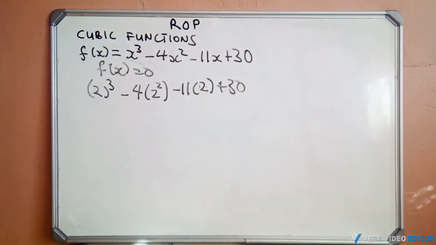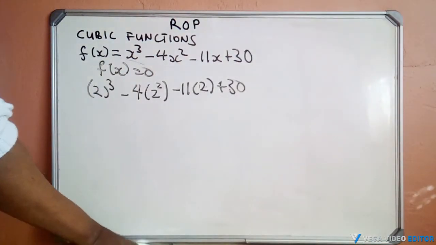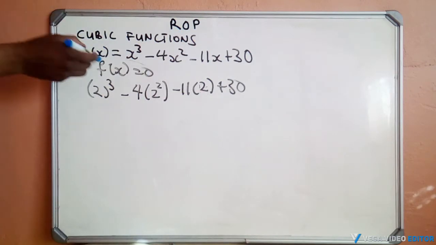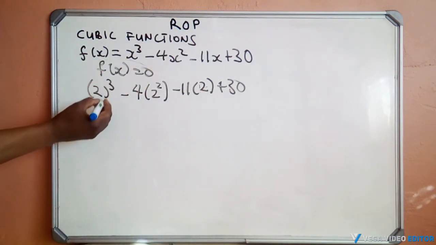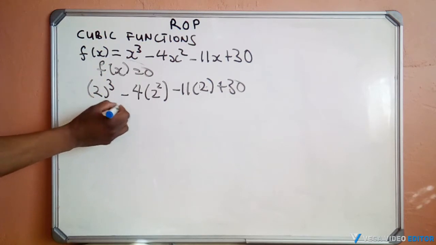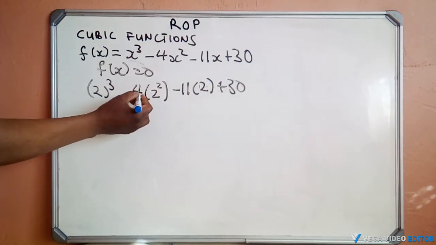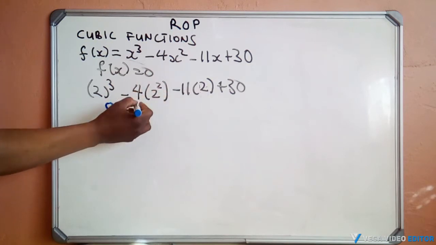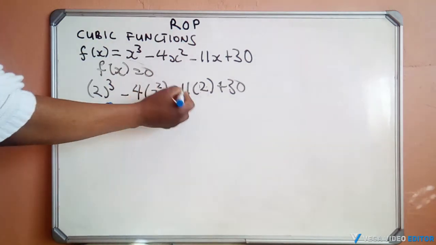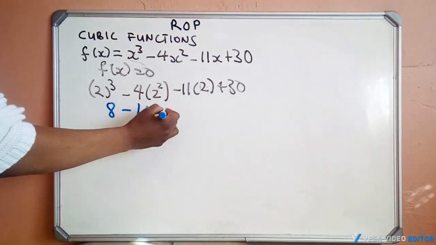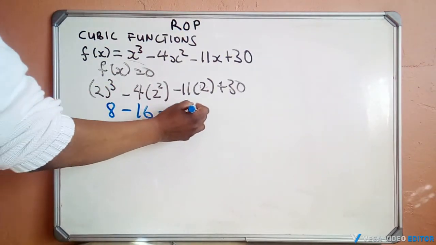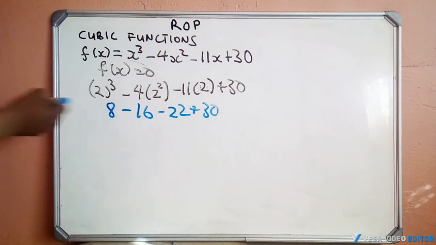Now let's see whether it will give us that 0. 2 cubed, we know that this is 8, minus 4 times 4, this is 16, and then 11 times 2 is 22, plus 30. Let's see where this is going.